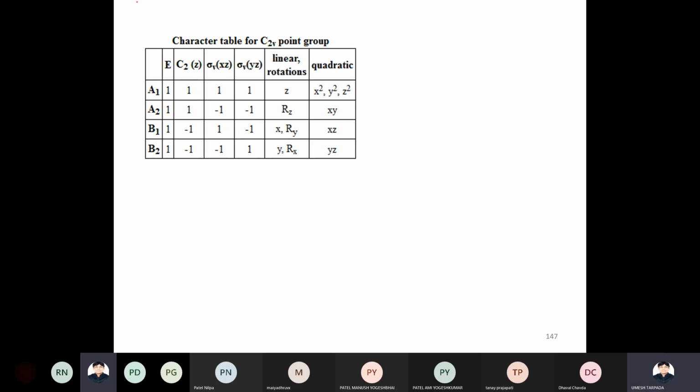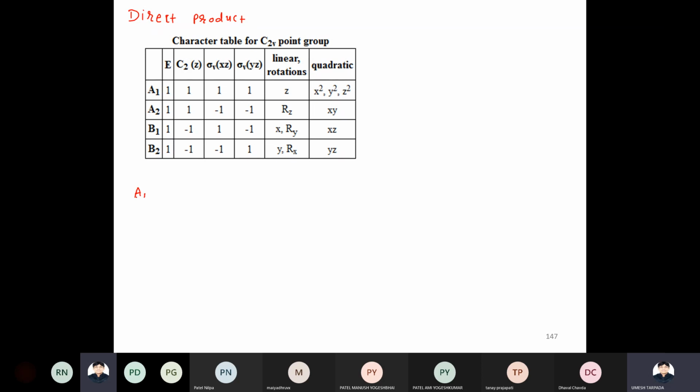So see, in the case of direct product, for any character table, if you want to find the direct product of any symmetry element, then how is it possible? So direct product is nothing but, see, you can do multiplication of any two symmetry operations, that is called direct product.